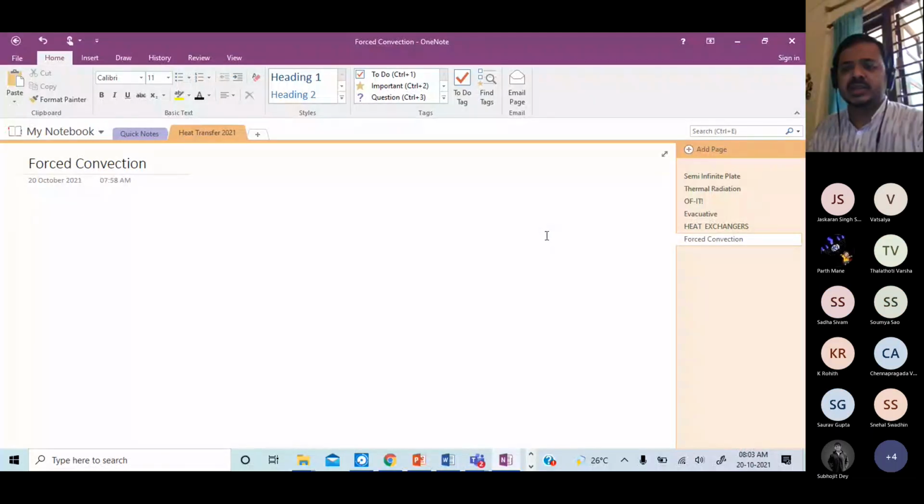When we come to forced convection for internal flows, we will recap those concepts again. So let us get started with forced convection, and within it we will start with what are called external flows. I hope all of you can see my screen here.